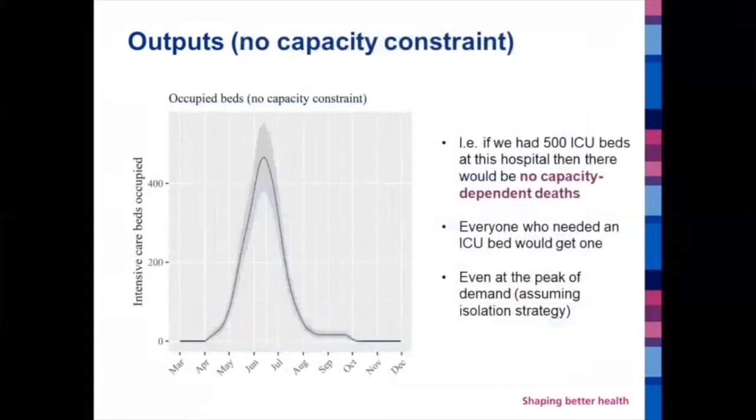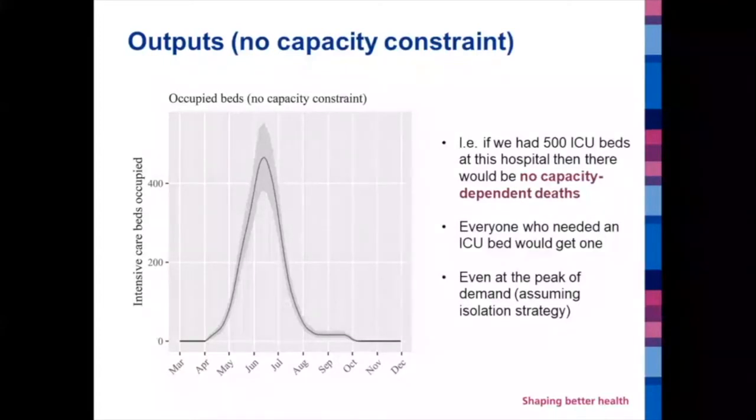Finally then, this is an interesting output. Again, all of this can be got through the tool, and I'll talk this through in a minute. But if we take off the capacity constraint, then this just shows the occupied beds without that constraint, and this will give an idea of the beds that would be required to meet demand at every stage of the epidemic, if all demand was to be met.